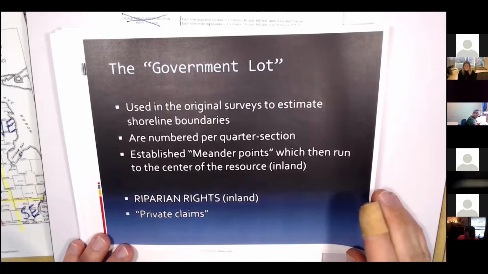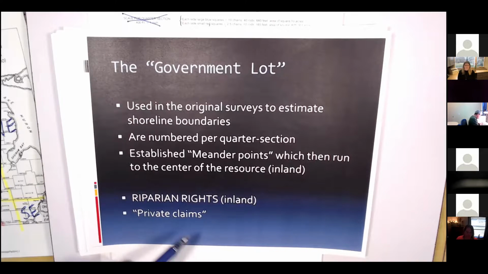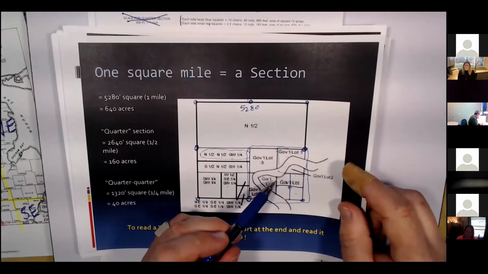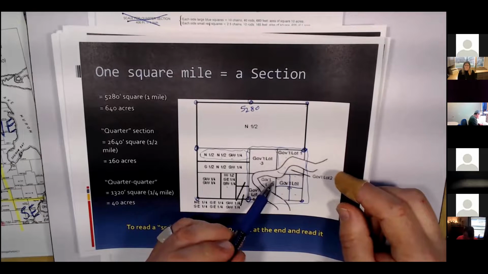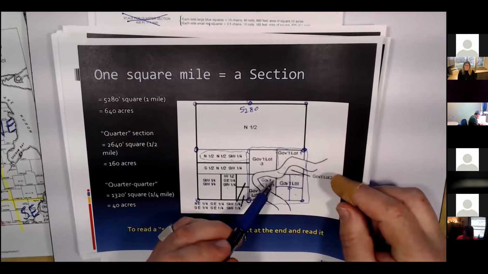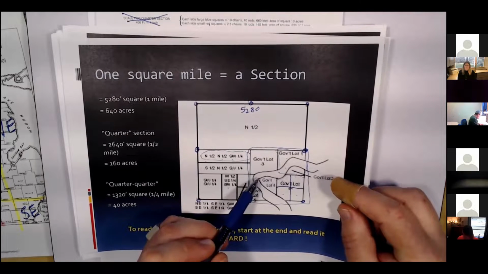Meander points. We were talking about the government lots here a second ago. Because water boundaries move or are indeterminate because of things like swamps, they often will create points on the land that are above the actual edge of the water.